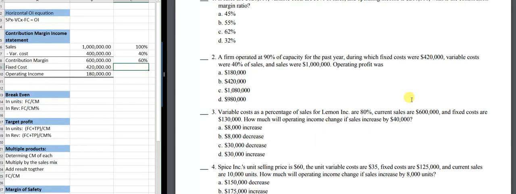Okay, let's go on to number three. Variable costs as a percentage of sales are 80%. Current sales are $600,000. Fixed costs are $130,000.